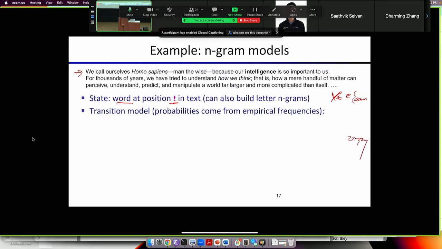So the whole dictionary, that's the range of each of the random variables. So x_t is the word at position t. It could be any word from the dictionary. And then you're just asking, okay, what's the transition probability to go to the next word given the previous n-1 words?